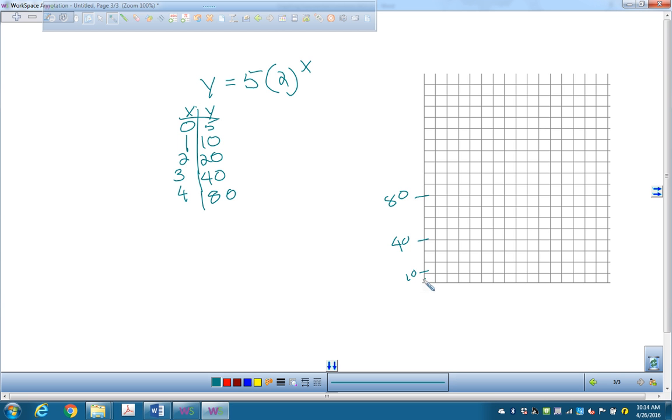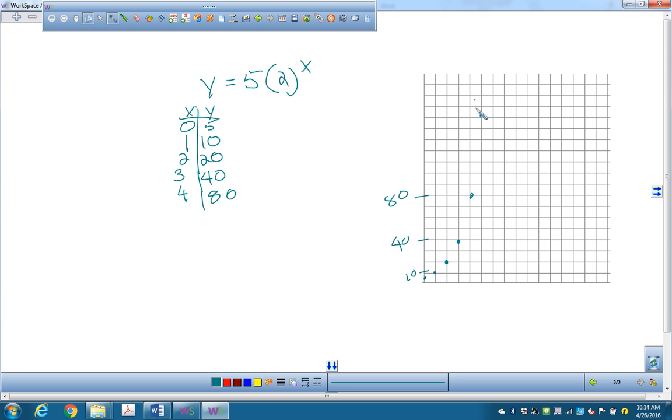0, 5; 1, 10; 2, 20; 3, 40; 4, 80. Okay? And I'll get an exponential function that kind of curves.